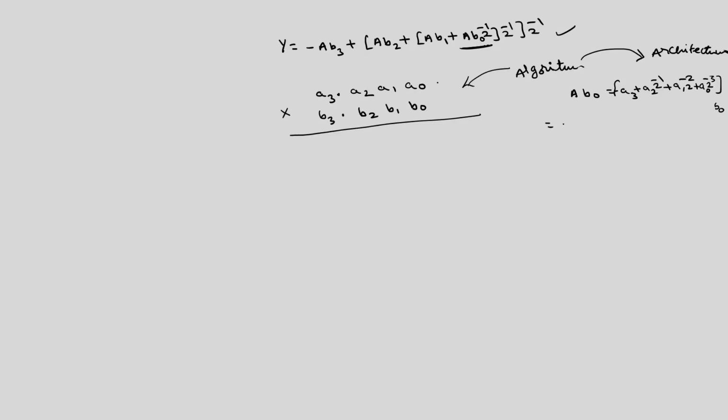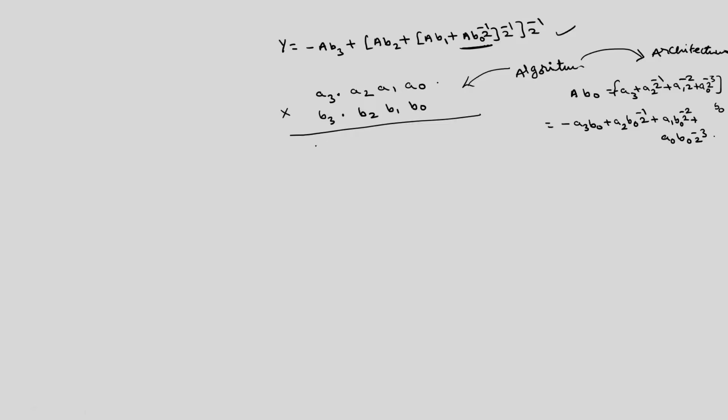So, this is nothing but minus A3 B0 plus A2 B0 2 raised to the power of minus 1 plus A1 B0 2 raised to the power of minus 2 plus A0 B0 2 raised to the power of minus 3. So, what is AB0 is simply we have to multiply with each and every bit.